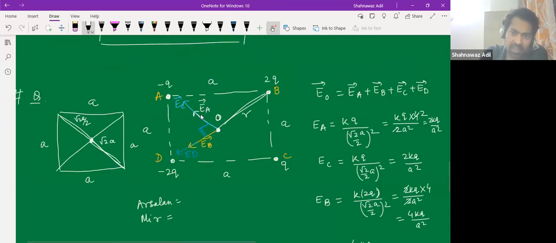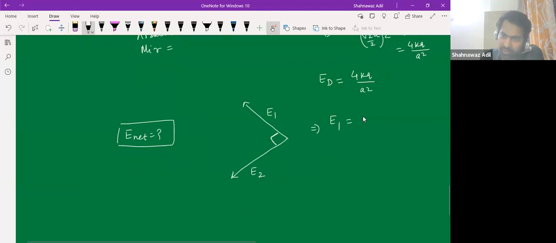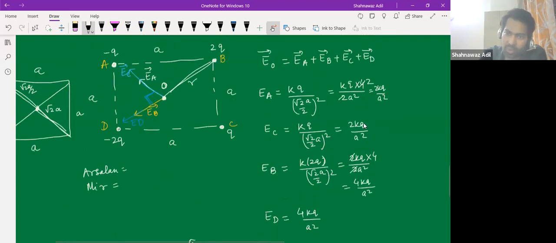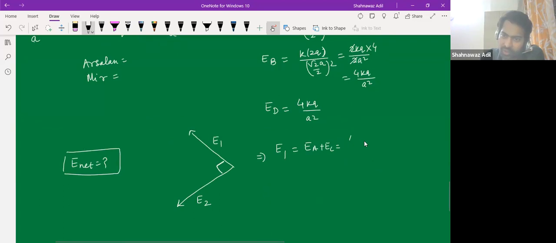EA plus EC, right? So 2KQ by a square plus 2KQ by a square, so 4KQ by a square. Similarly, E2 is how much? EB plus ED, right? Then this would be 8KQ by a square.